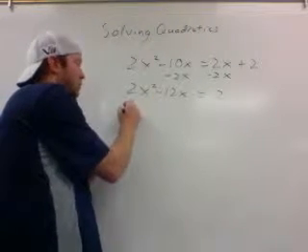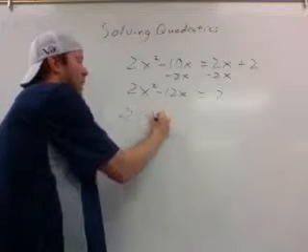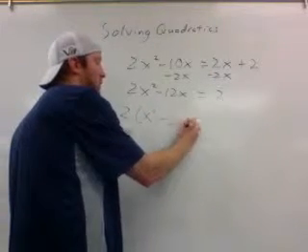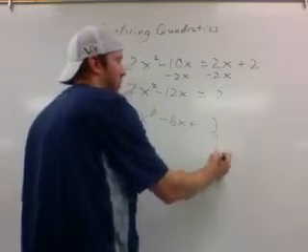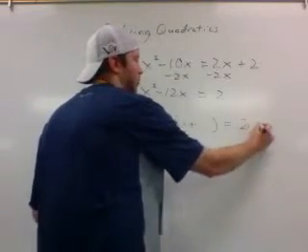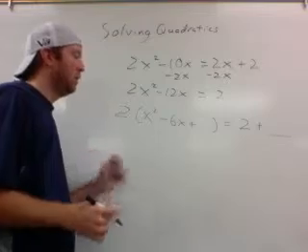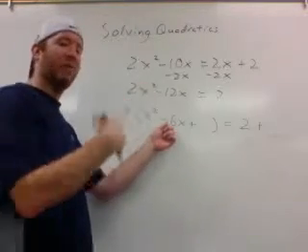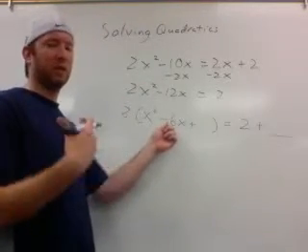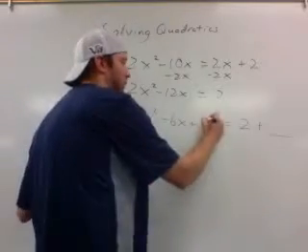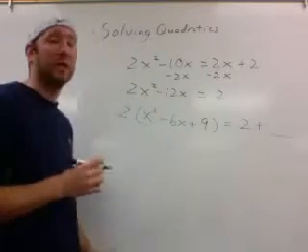So pull out a 2. That leaves me with x squared minus 6x plus something equals 2 plus something. So again, to find this, I'm going to take half of negative 6, which is negative 3, and square it, which is 9. So I get plus 9 there.